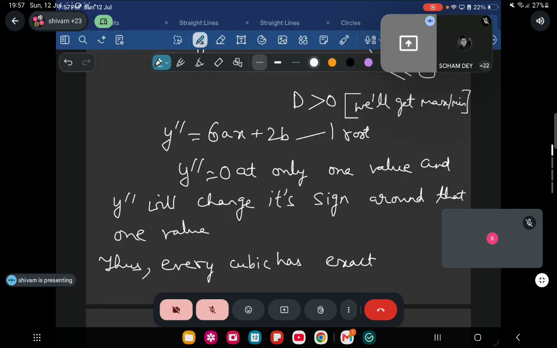Right, exactly one point of inflection. Tell me, are people getting? Yes or no? Because there is only one root of y double dash, exactly one point of inflection. It is very important to understand this.